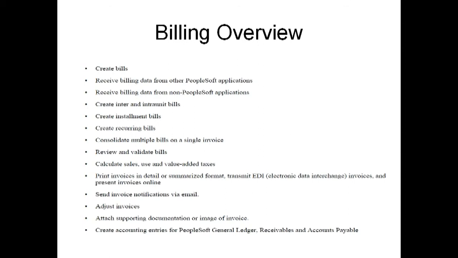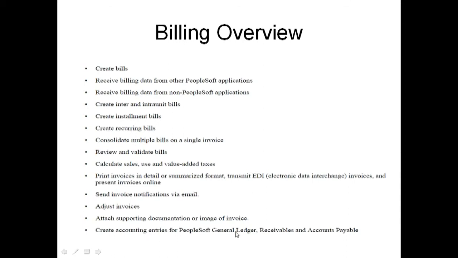You can attach any kind of documentation, and also an image of the invoice. There is a setup in the billing model where you can set a flag so that once the invoice is printed, it is automatically attached to the invoice bill header. There's an attribute where you can attach the invoice automatically, so a copy of the invoice is attached to the header table. You can also attach any other supporting documents as part of the invoice.